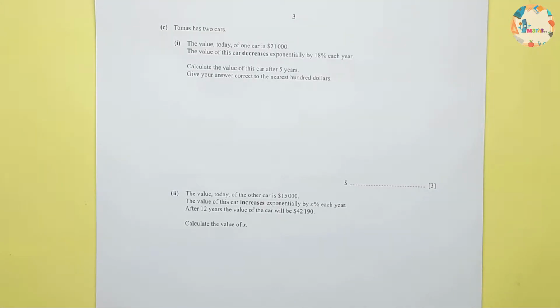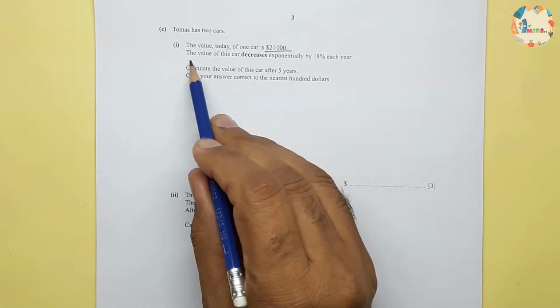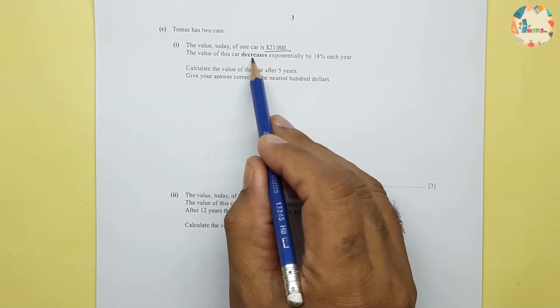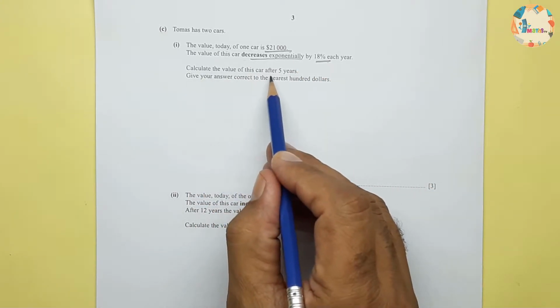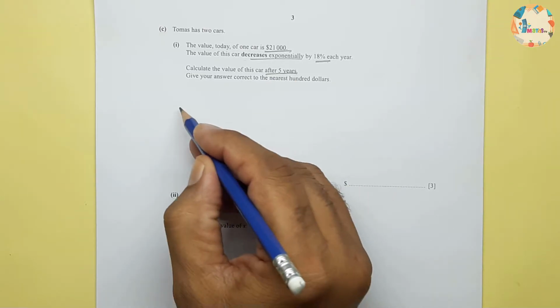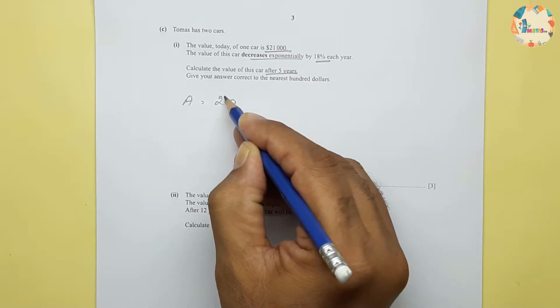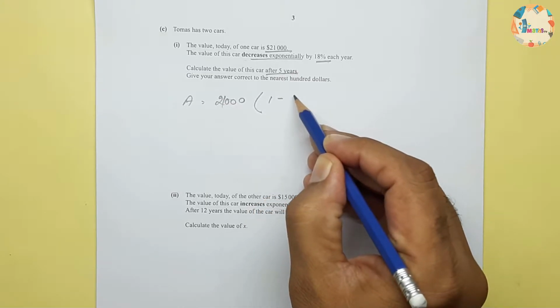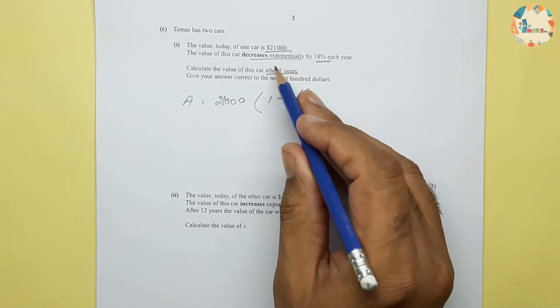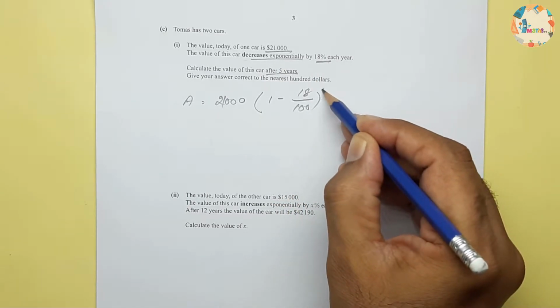Then comes the C part. Thomas has 2 cars. The value today of one car is this much. The value of this car decreases exponentially by 18% each year. Calculate the value of this car after 5 years. So we can use the exponential formula. This will be the principal amount, 21,000, and 1 minus, because it is a reduction, it's decreasing, so an 18% decrease, and the duration is 5 years.